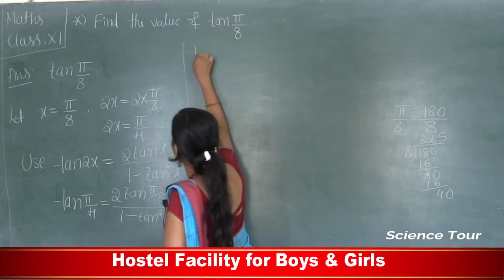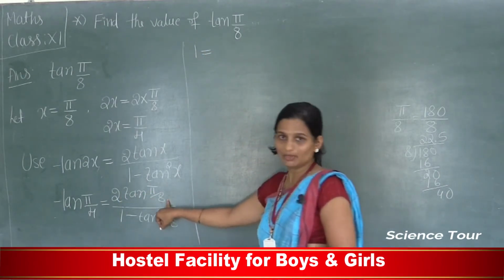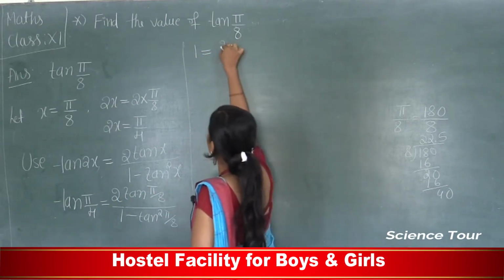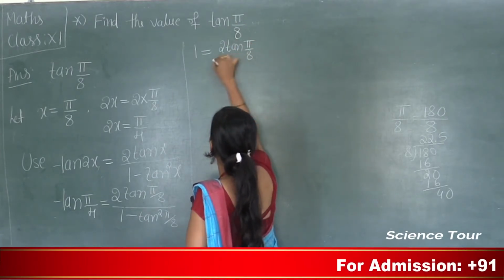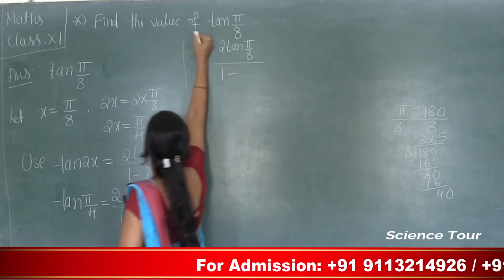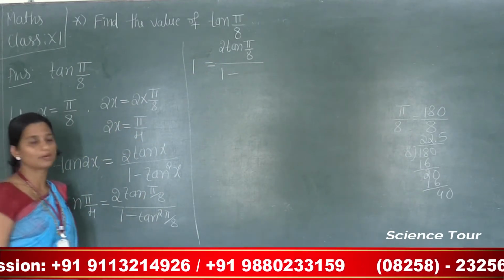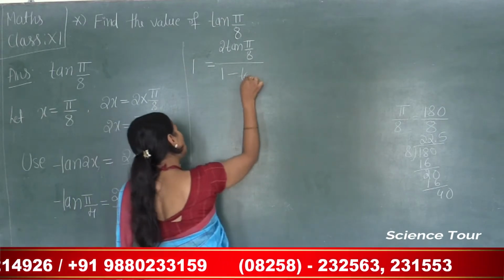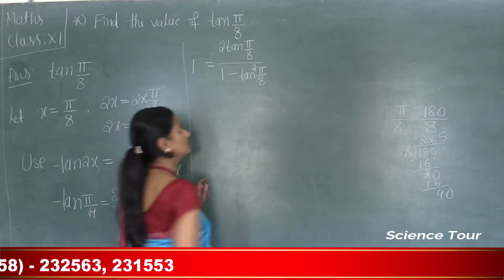So replace it. 1 is equal to 2 tan pi by 8, we don't know that, so keep it as it is, divided by 1 minus tan square pi by 8. Clear?